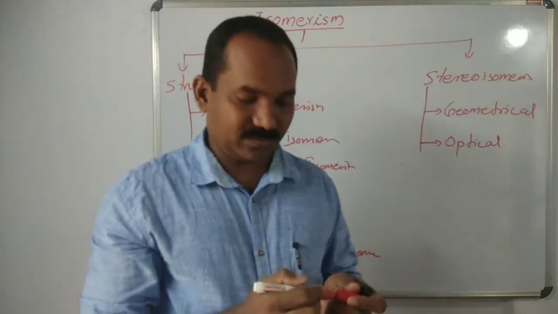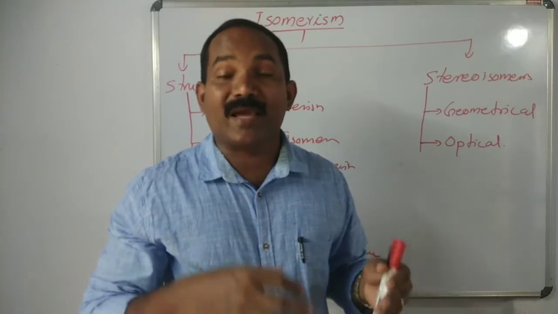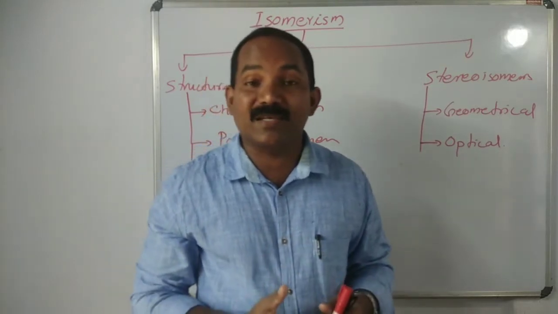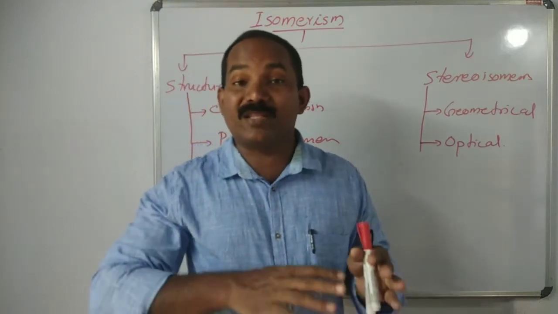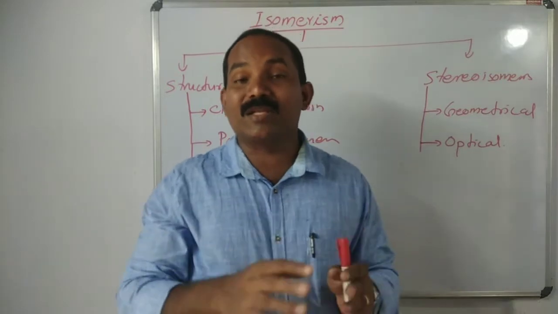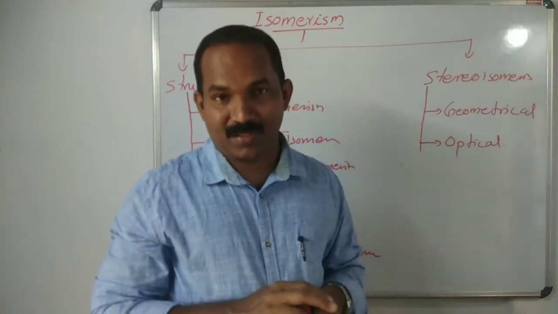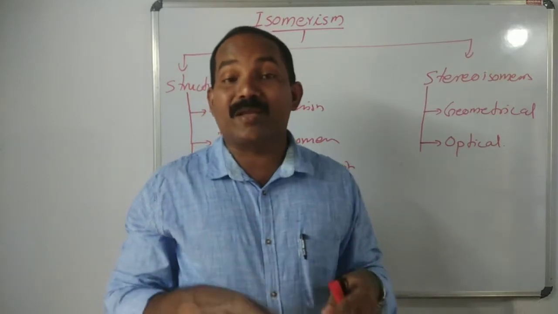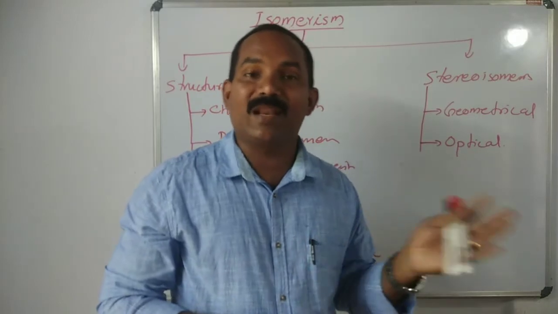In optical isomerism, the compounds have the same molecular formula but rotate plane polarized light in different directions. Some compounds rotate it to the right and some to the left: dextro and levorotatory. Dextro means right, levo means left.